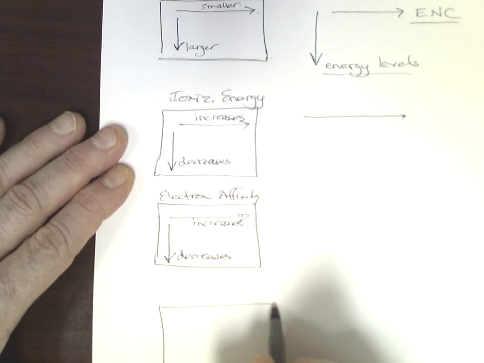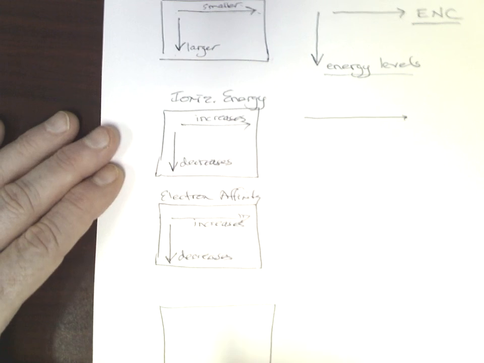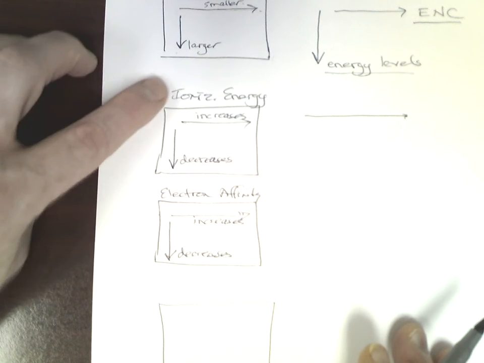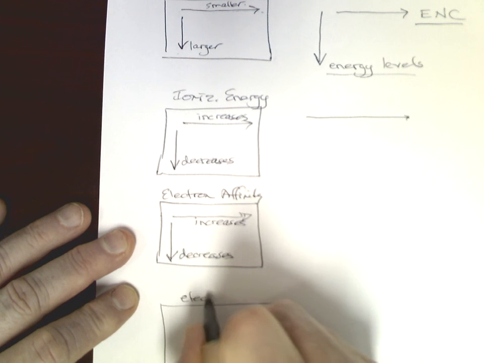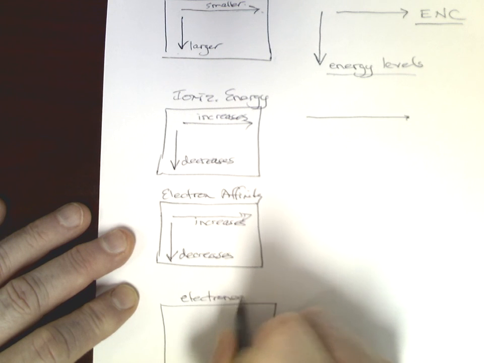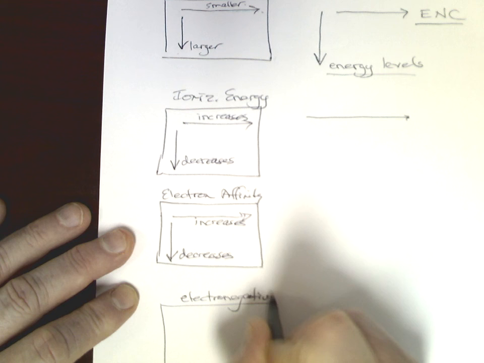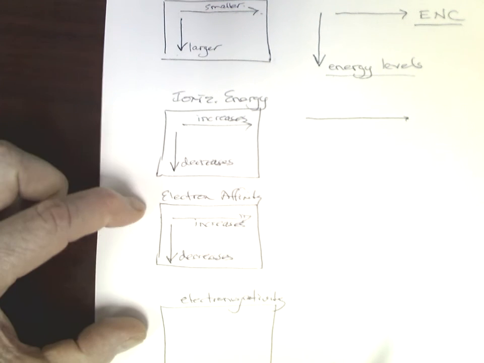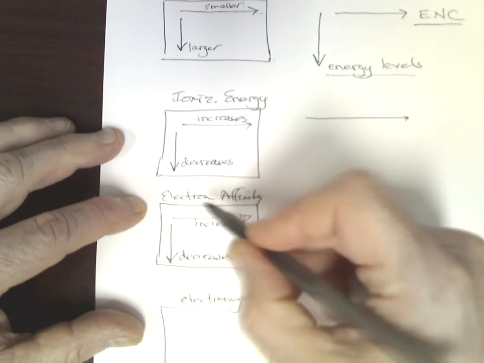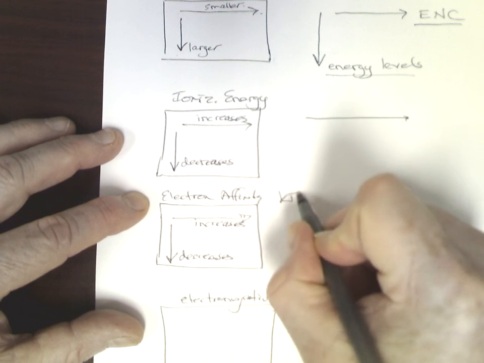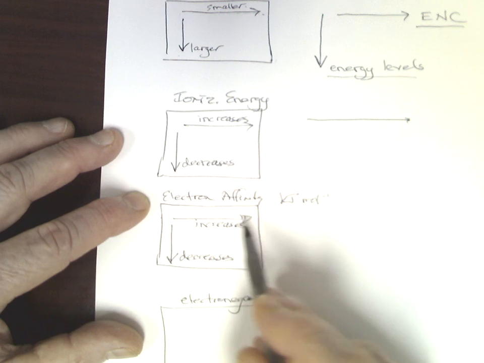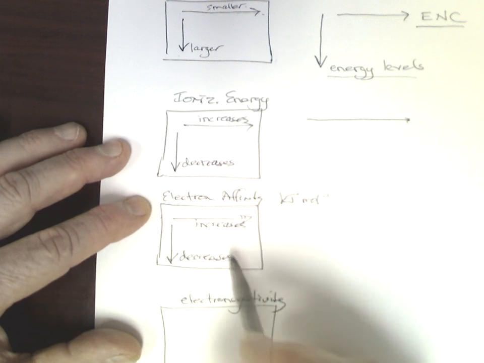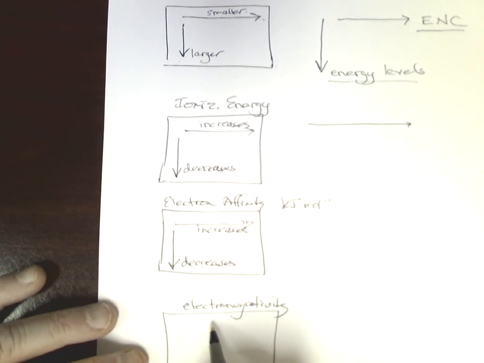And the last one. Okay, so the last one, we've got atomic radius, ionization energy, electron affinity, and electronegativity. Remember that these, I'll remind you over and over, are not the same. Electron affinity is in kilojoules per mole. It's the energy an atom will give up to take an electron.